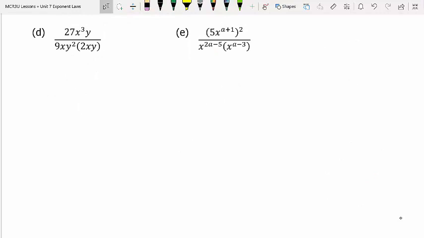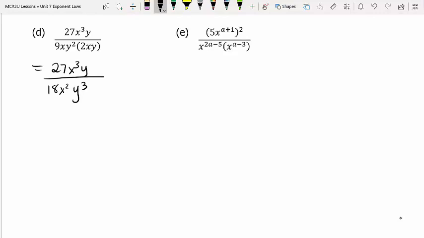Okay, part D, the first thing I'm going to do is clean up the denominator. So I'm going to multiply 9xy squared times 2xy. Okay, now I'm going to go ahead and simplify using the quotient rule.